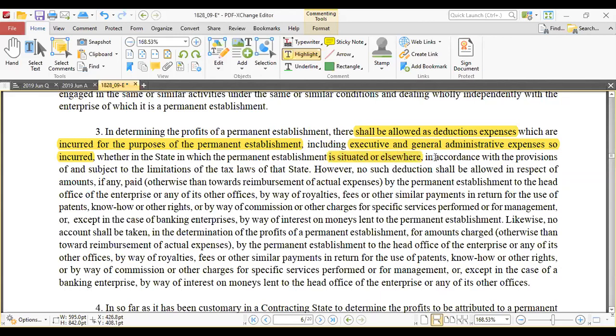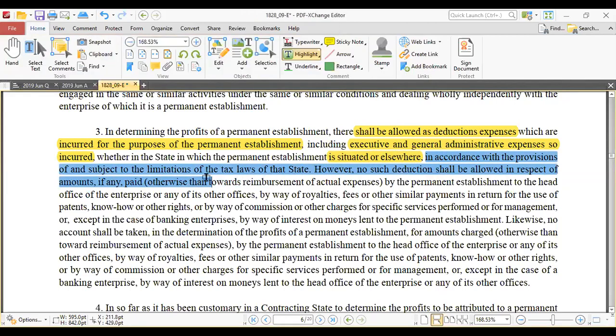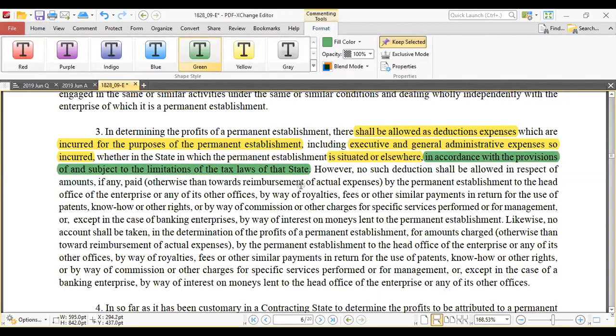Accordance, here is the important part: in accordance with the provisions, subject to the limitation of domestic law. We can't deduct entirely, but it is subject to the domestic law.